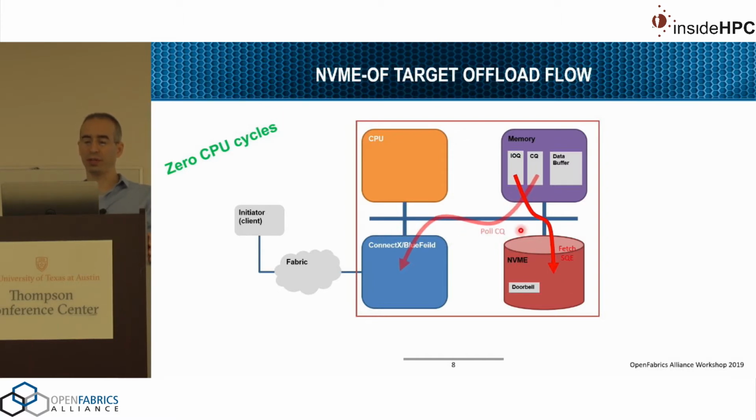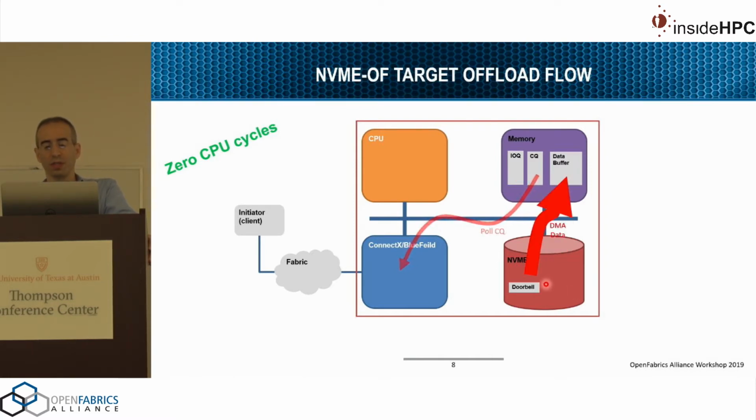Then the following goes on in parallel. The NVMe device responds to the doorbell and fetches the submission queue entry, and in parallel, our offload engine polls the completion queue of the submission queue to see if the I/O request, the submission queue entry that was sent, was fulfilled.